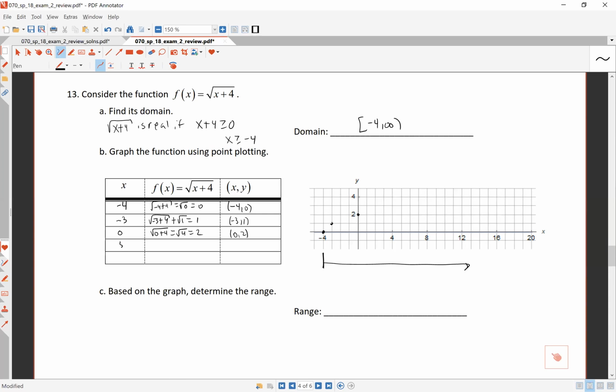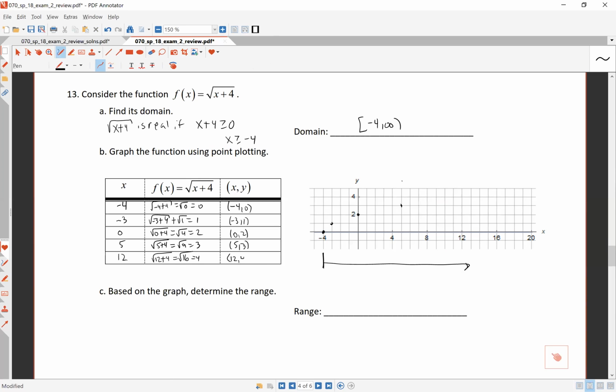Next number after that's going to be a 5, because that's going to give us the one with the 9, which is 3. And the next one after that is going to be the 12, which is going to give us the 16, which is 4.